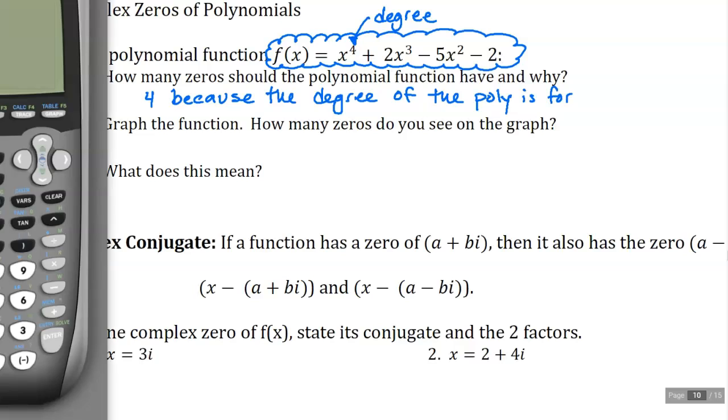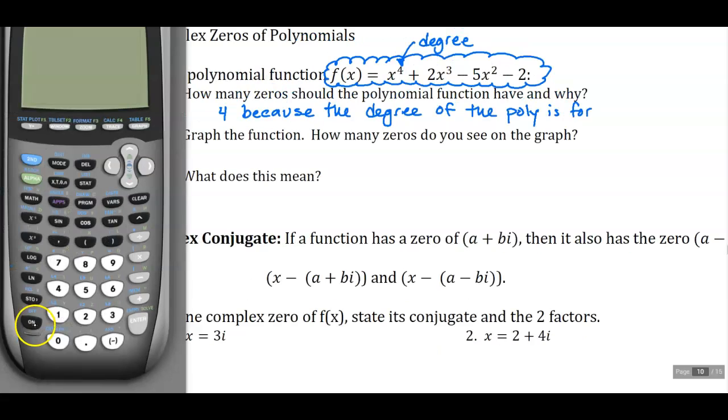However, when we go to graph this, I go into white. Oh, look, I already have it. How many real zeros do you see? 2, right?